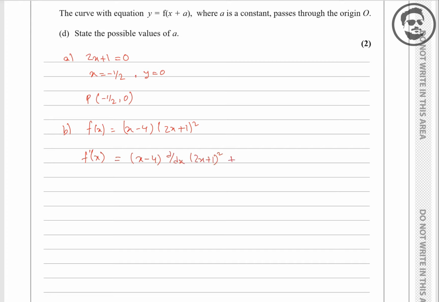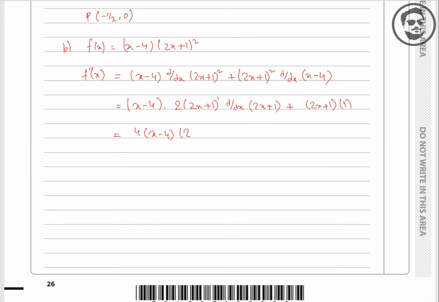We need to use the chain rule, or you can say the UV method here. So (2x plus 1) whole squared d by dx of (x minus 4). So x minus 4, using the chain rule, 2 will come down first, 2x plus 1 to the power 1. Then again we need to differentiate the expression inside the bracket, which is 2, so 4(2x plus 1).